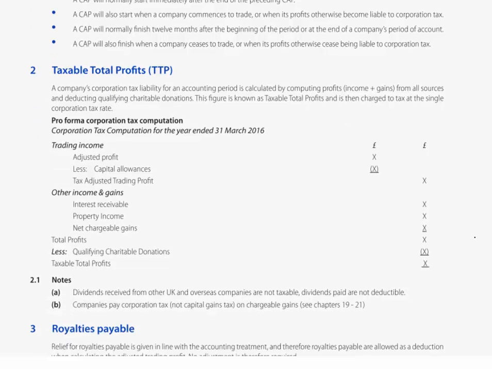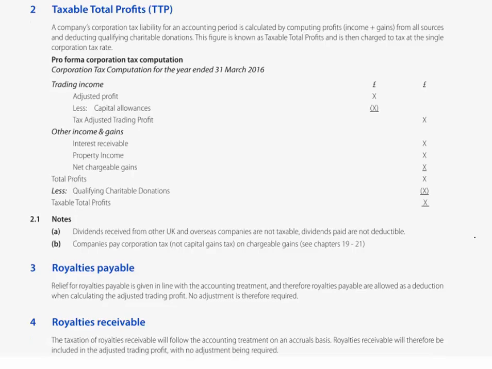Right, here in section 2 of our chapter, taxable total profits. We know that the company's corporate tax liability for an accounting period is calculated by computing the profits, that is the worldwide income plus gains, from all sources, and then deducting, here's something new, qualifying charitable donations.